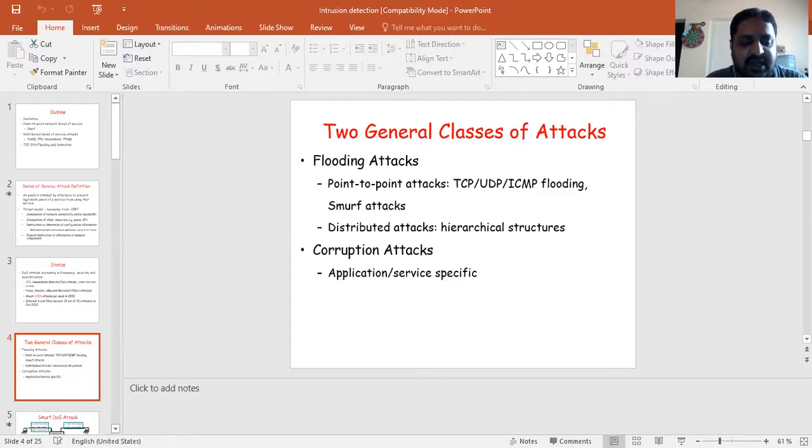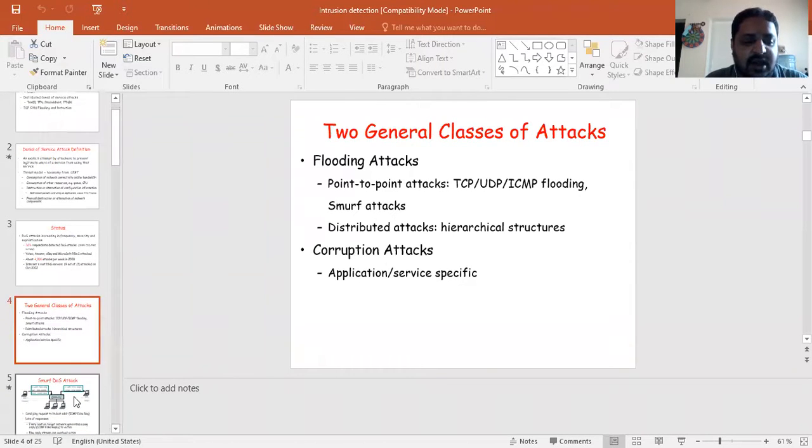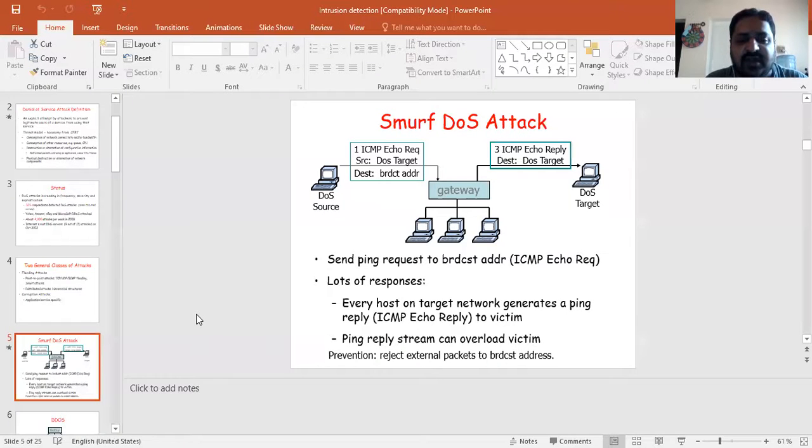For example, there is an example given here, called the Smurf attack, where a denial of service attack is used. In this type of attack, the attacker sends a request, for example an ICMP request, to the server or to different users, and then it broadcasts different messages to the different systems or users.